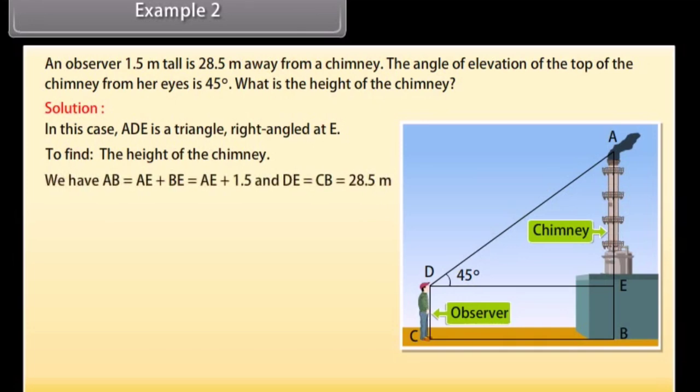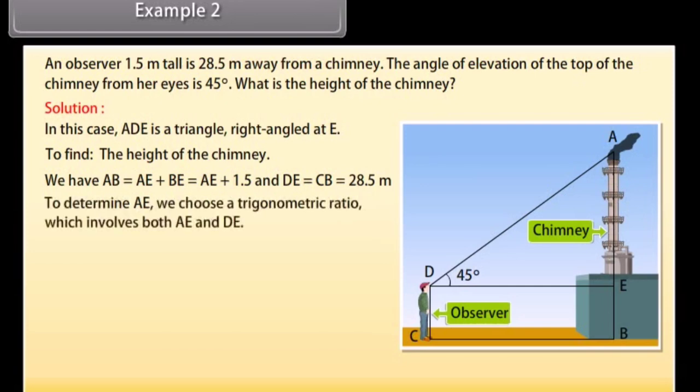chimney. We have AB equals AE plus BE equals AE plus 1.5 and DE equals CB equals 28.5 meter. To determine AE, we choose a trigonometric ratio which involves both AE and DE. Let us choose the tangent of the angle of elevation.